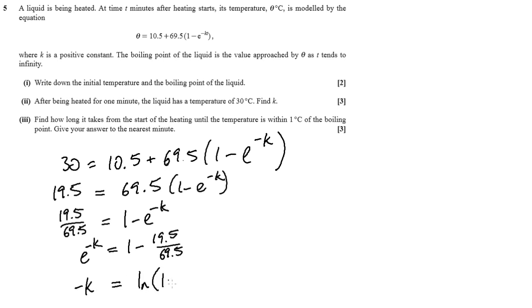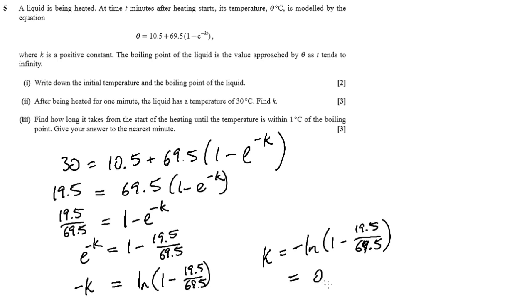That would give me a natural log of 1 take 19.5 on 69.5, which means that k is just negative ln of 1 take 19.5 on 69.5. Sorry for writing quite badly here. That should give you 0.329 as a value, and that would be the value of k.